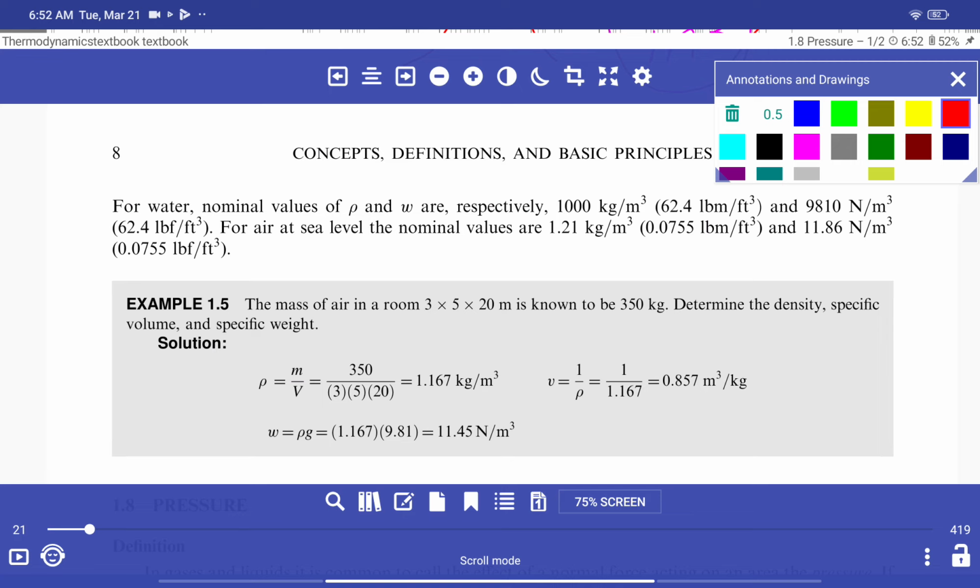For water, the normal value of your density is 1000 kilogram per cubic meter in SI unit, the International System.